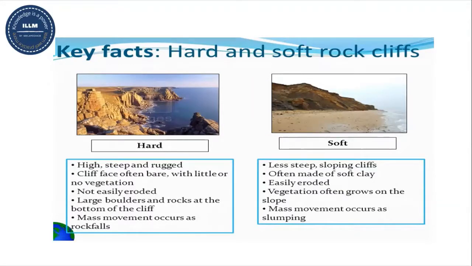In soft rock cliffs, we can see less steep and sloping cliffs. They are often made of soft clay, for example, chalk, and they can erode easily and quickly. Vegetation often grows on the slope because of fertile land. Mass movement occurs as slumping.